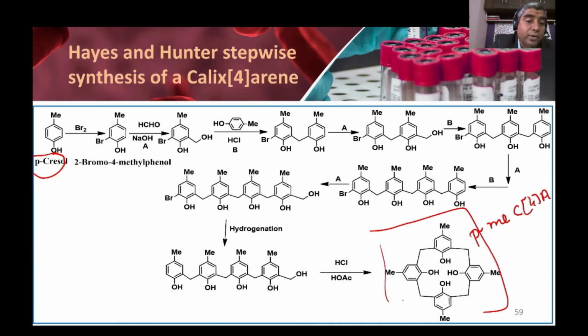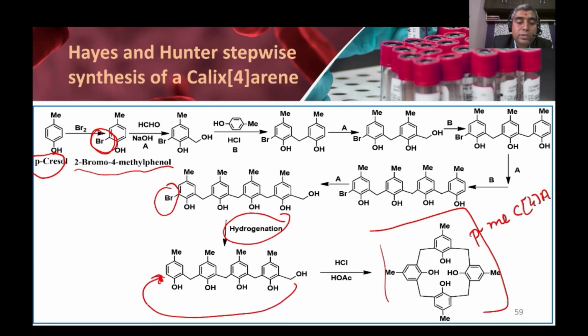Here, in the first step, para-cresol is converted to 2-bromo-4-methylphenol. The bromine protects the reacting site, and later this bromine is removed by hydrogenation, which regenerates the reactive site. Then this molecule cyclizes and we get our final product, para-methylcalix[4]arene.